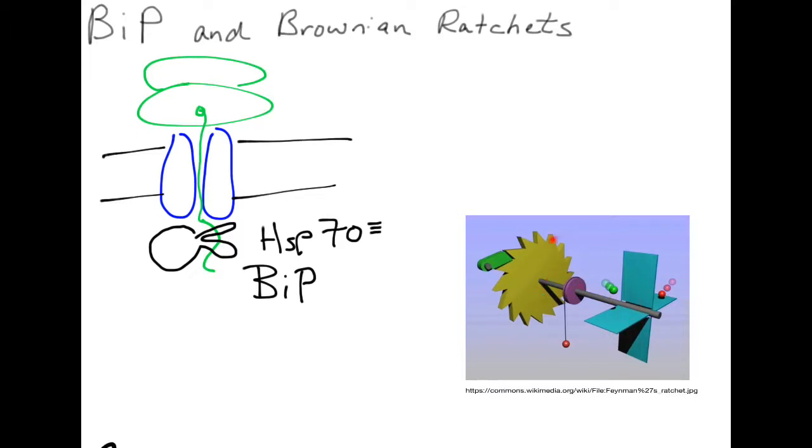So if you leave out this part, then that Brownian motion would cause that propeller to go back and forth in no particular direction. As this atom hits, it would push the rotation in this direction, and if this atom hits here, it will cause rotation to be in this direction.